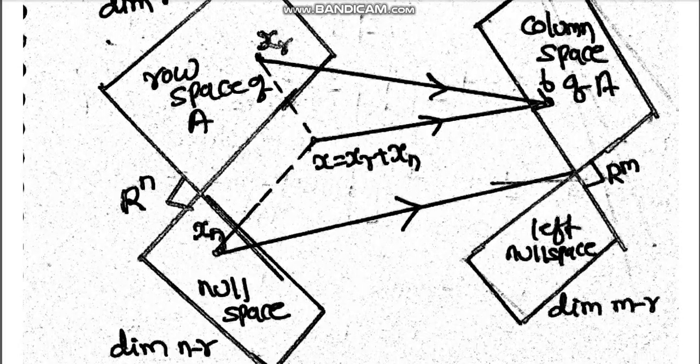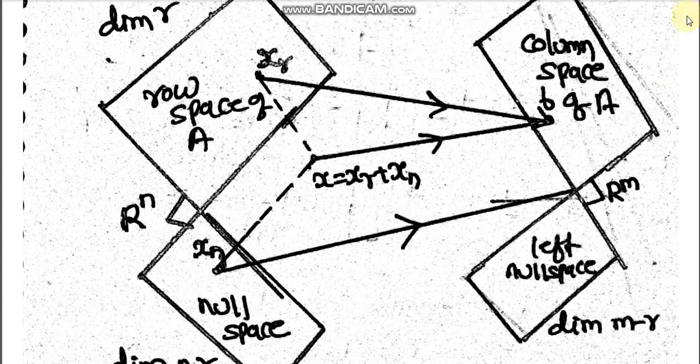The same thing can be explained with this figure. You have a row space xr, and what will be the dimension of the row space? It is equal to r, and the dimension of the column space will be n, and the next null space has dimension n minus r.